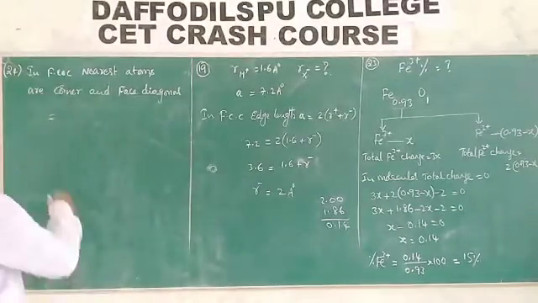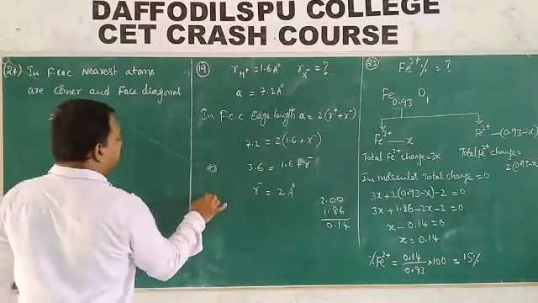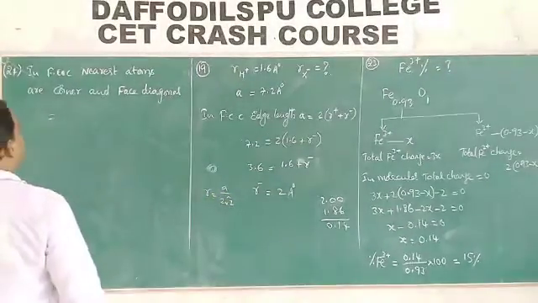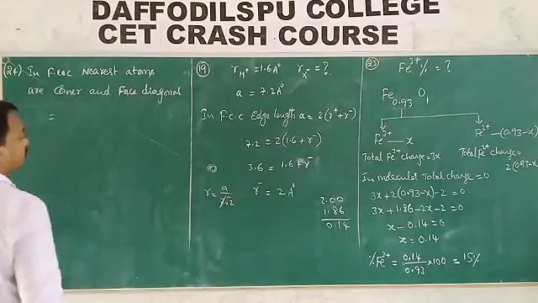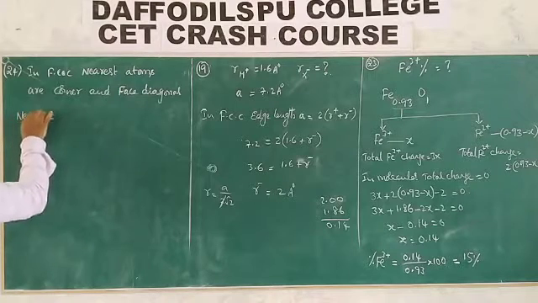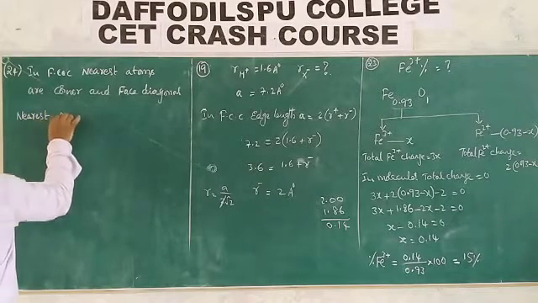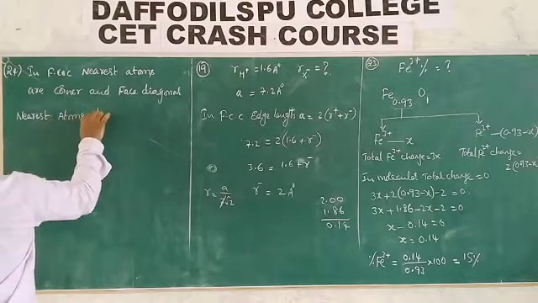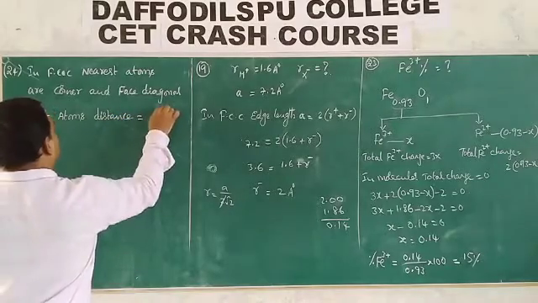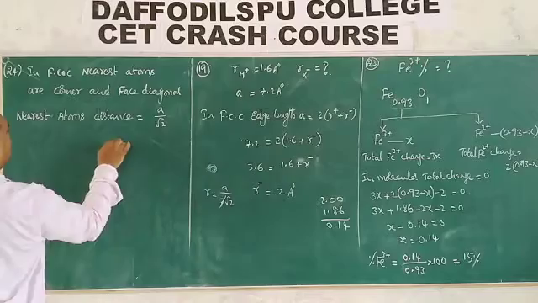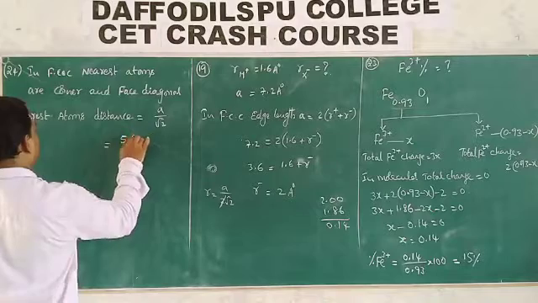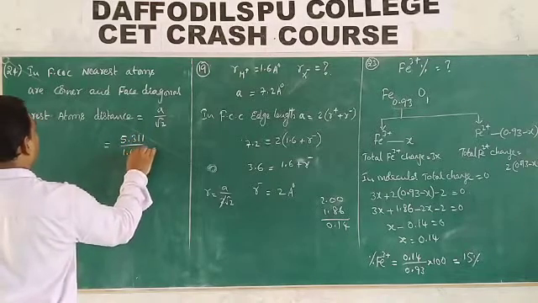So what is the distance between these two atoms? In FCC, the radius is a by 2 root 2. Remove this 2, then you get the nearest atoms distance. So the nearest atoms distance is equal to a by root 2. Here a is 5.311, divided by 1.414.